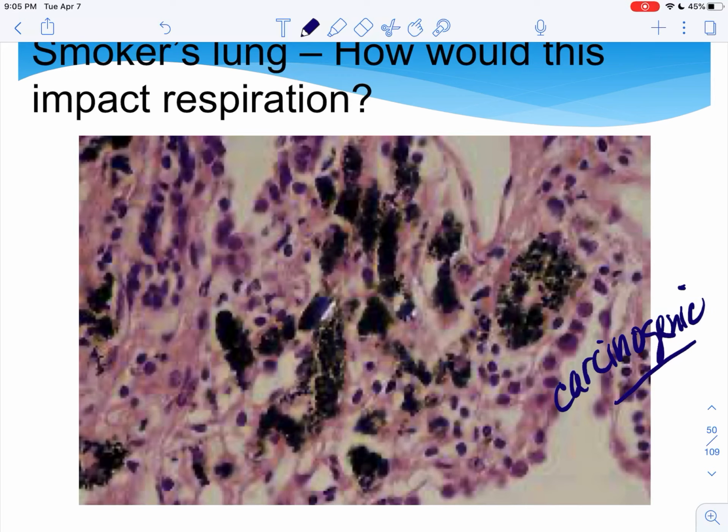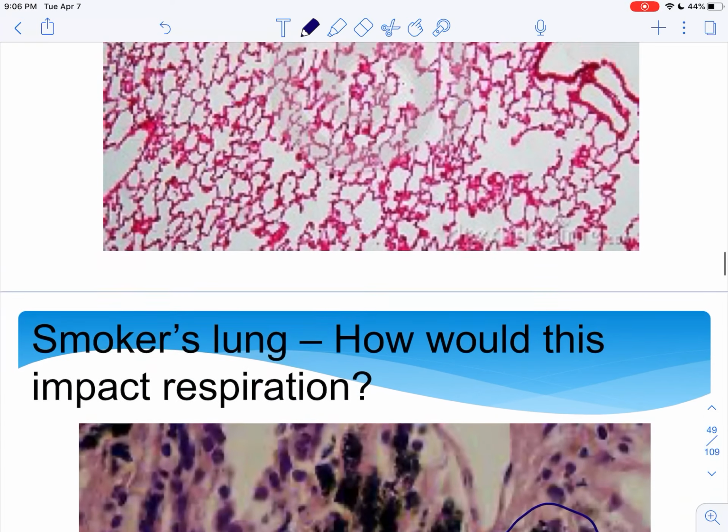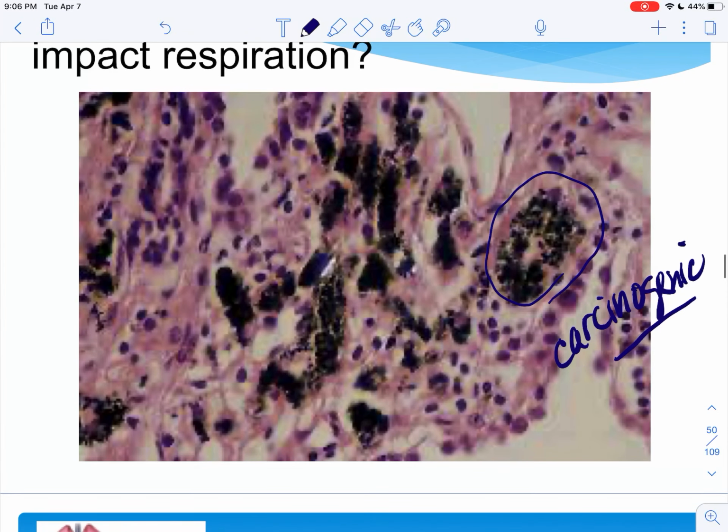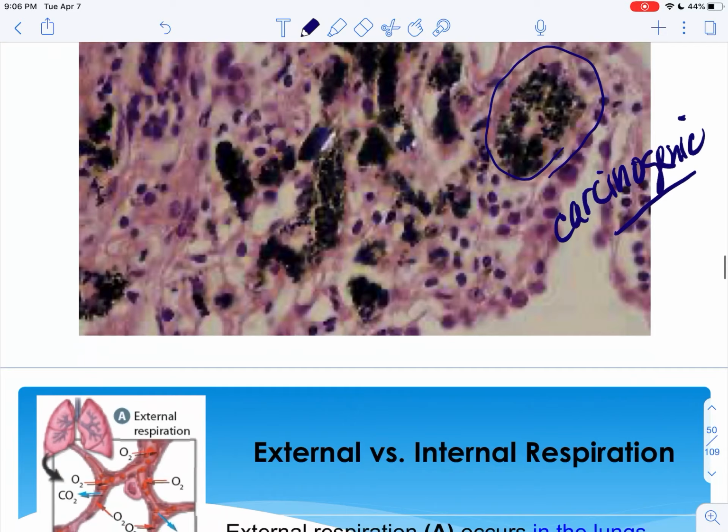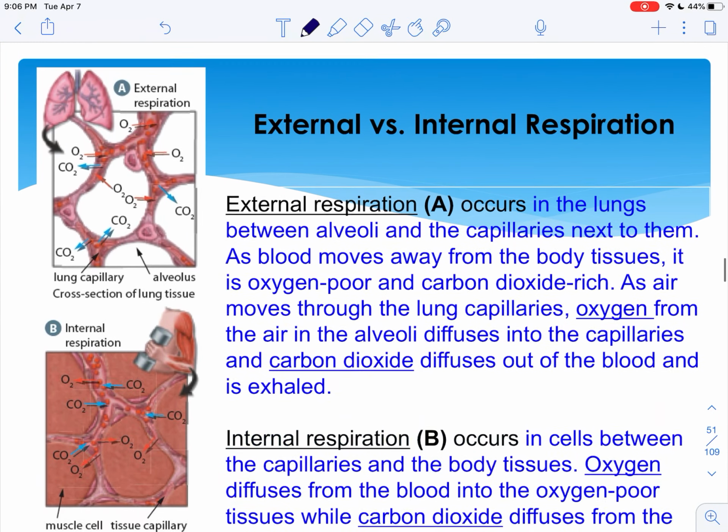So a lot of lung cancers are stemming from the carcinogens that are in the components of smoke from cigarettes or other inhalants. And so you can see definitely how much more trouble this person would have breathing, and it could cause collapse of the alveoli or other resulting lung issues as well, which we'll talk about in the last topic.